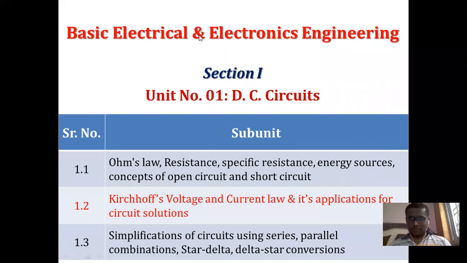Absolutely correct. So this point must be clear. DC stands for direct current. This is the full form. Just like AC, we call it alternating current. Another terminology, DC, related to electrical engineering, we call it direct current. Definitely, we will discuss its meaning, its definition, and everything.